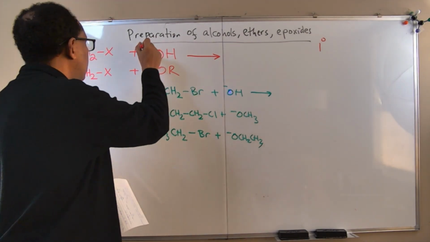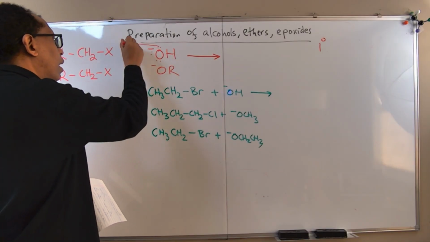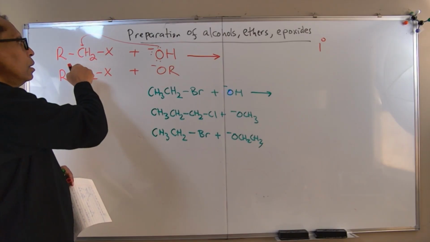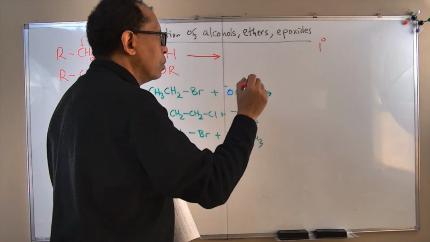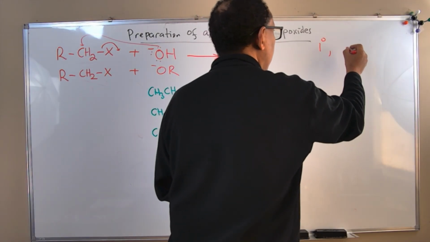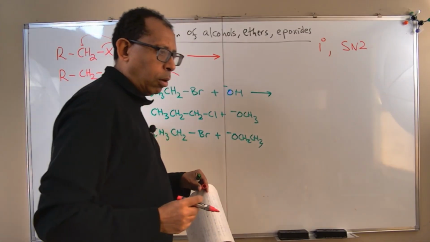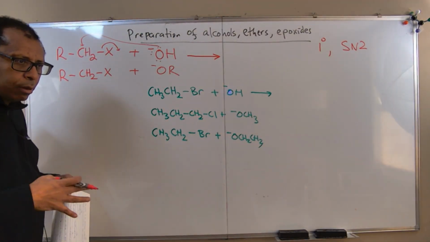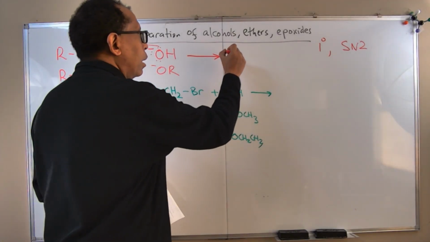So when this base, strong nucleophile, acts on this carbon, this leaves, that means as SN2. So it's a primary alkyl halide, and the type of mechanism we are discussing here to make the alcohol by substitution of the alkyl halide is an SN2 reaction.